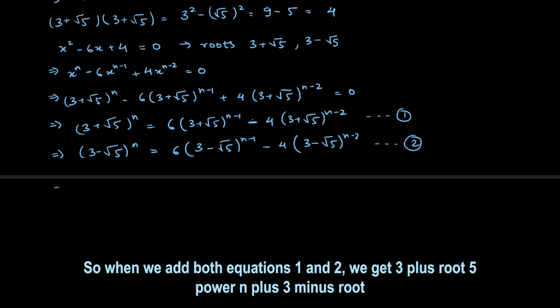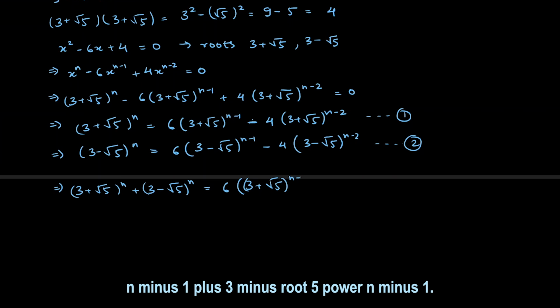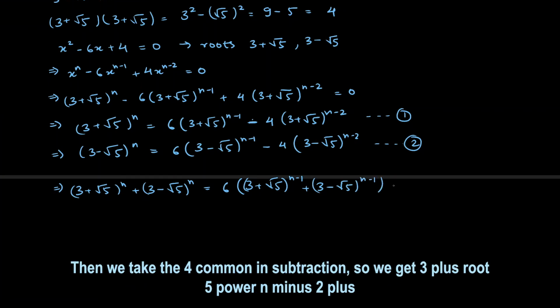So when we add both equations 1 and 2, we get (3 + √5)^n + (3 − √5)^n equal to 6 times [(3 + √5)^(n−1) + (3 − √5)^(n−1)], taking the 6 common, minus 4 times [(3 + √5)^(n−2) + (3 − √5)^(n−2)], taking the 4 common.